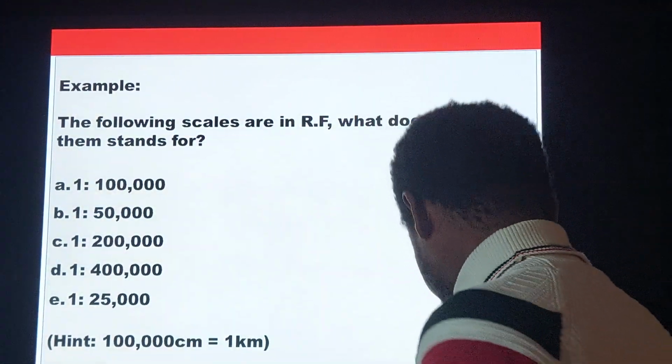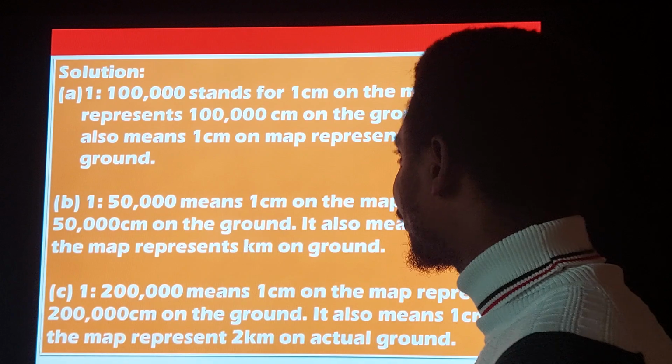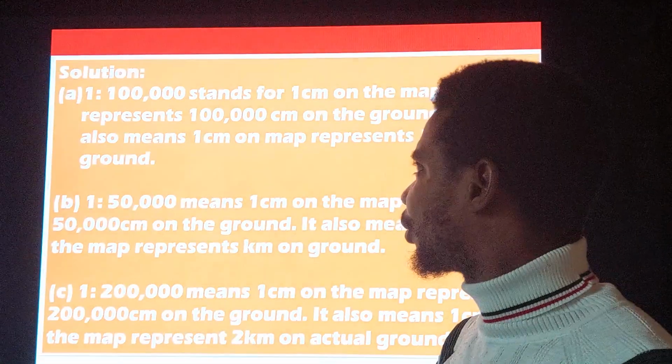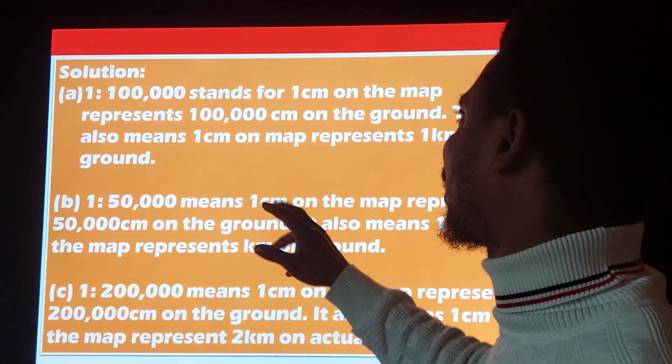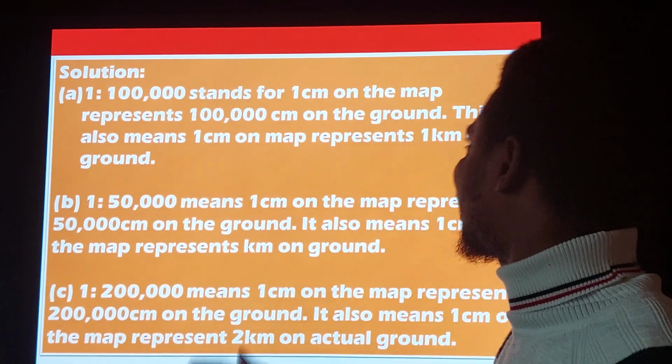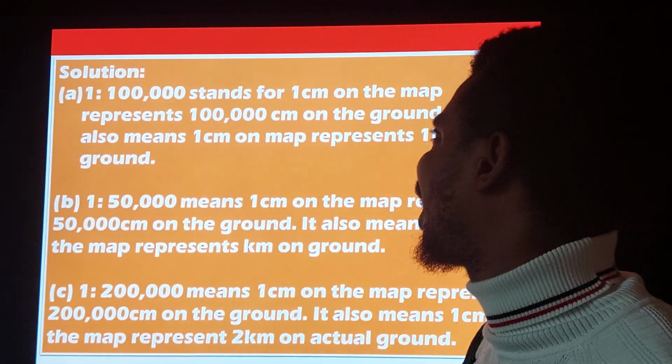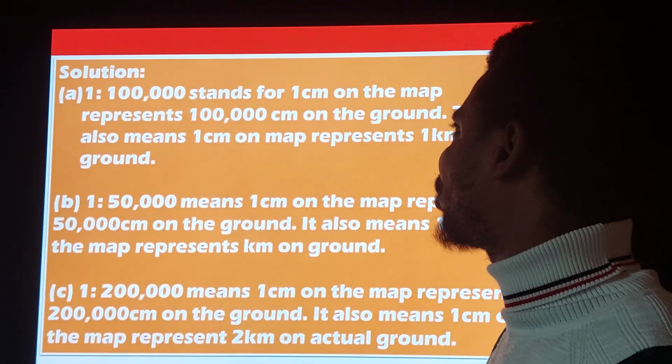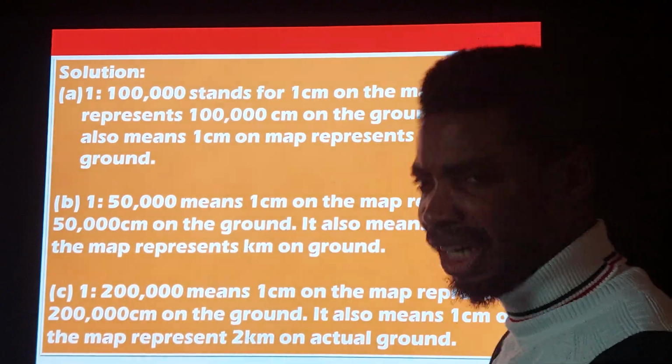Now look at this. This is the solution. 1:100,000 stands for 1 centimeter on the map representing 100,000 centimeters on the ground.